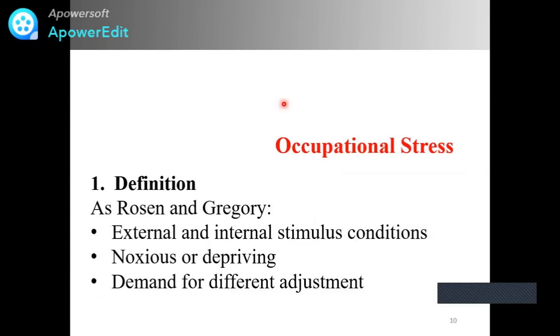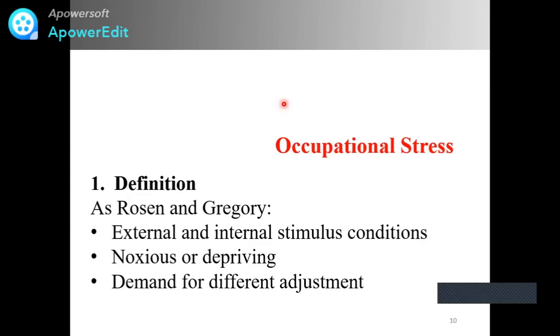Ross and Gregory define stress as the external or internal stimulus condition, noxious or depriving, which demands different adjustment.